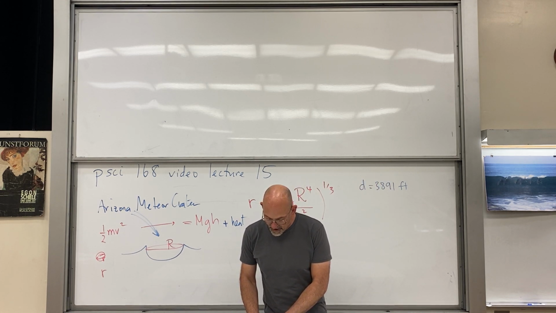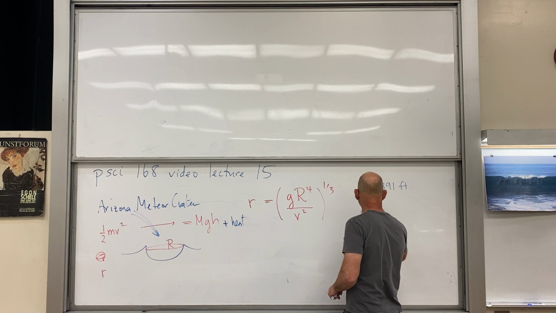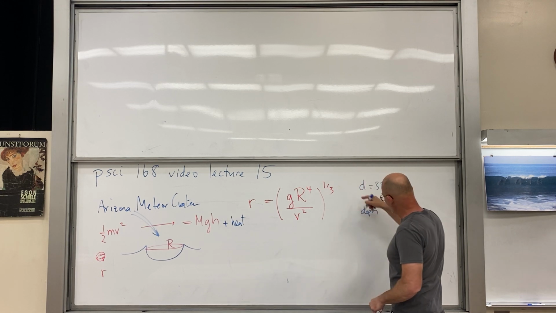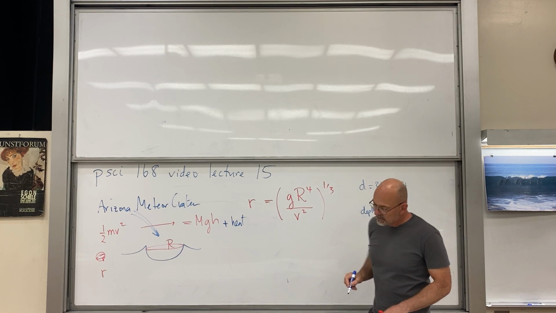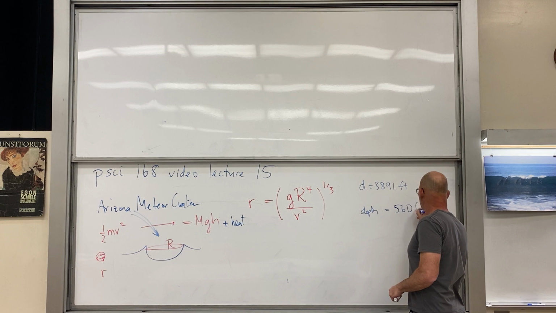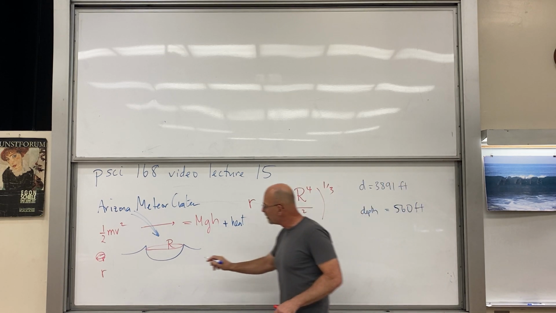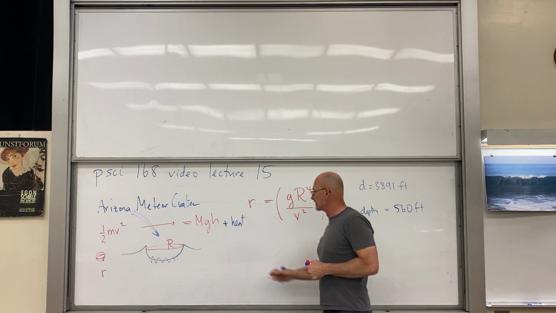Impactor diameter about 50 meters, depth 560 feet. I'll just write depth. This is the diameter, depth 560 feet. However, there's a bunch of rubble in the bottom, okay, that fell back in.